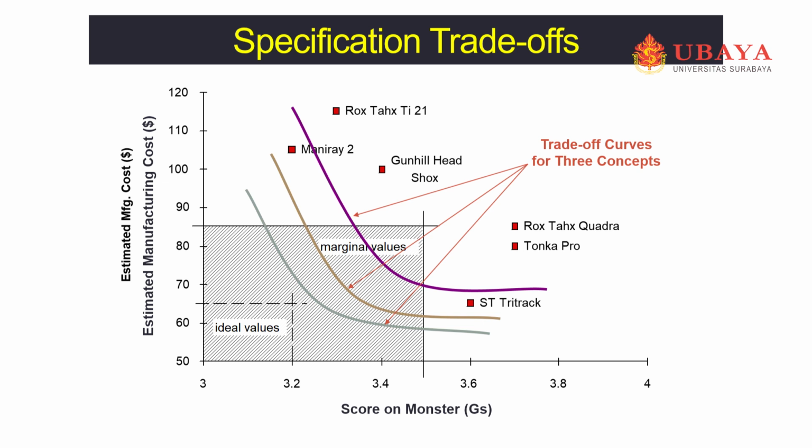And the rest are your competitor products. They are located outside the marginal values. So this is very important to show that the expected performance of your concept is above the competitors.